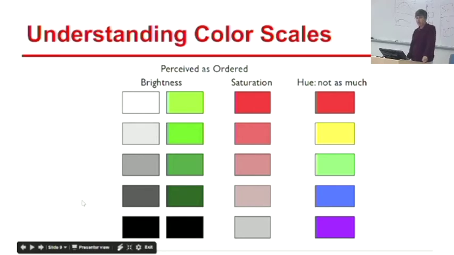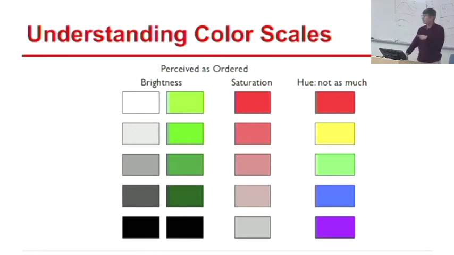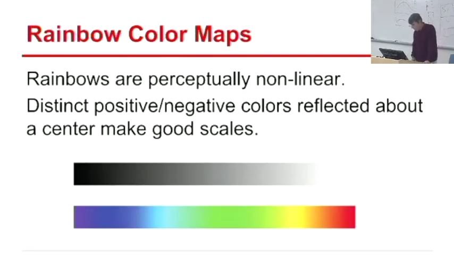You have a scale that naturally goes from lowest to highest. In a color map with a lot of colors on it, is there a natural order of lowest to highest? You could do cool to warm.